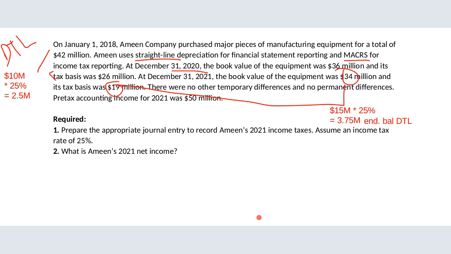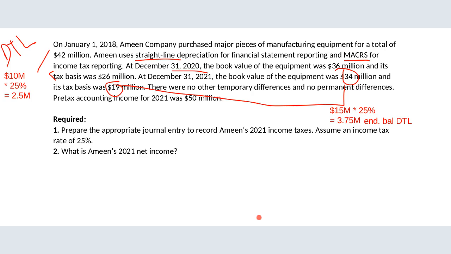Oh, I'm forgetting the previous difference here. So that was 10 minus 15. Oh, okay.